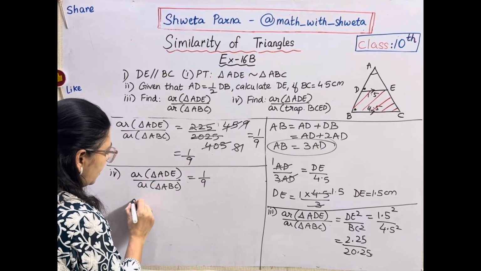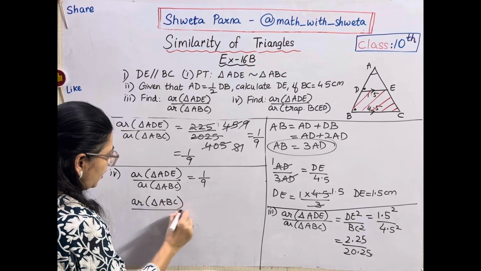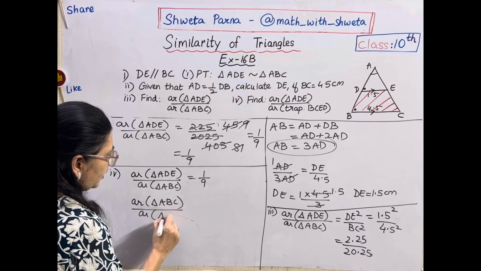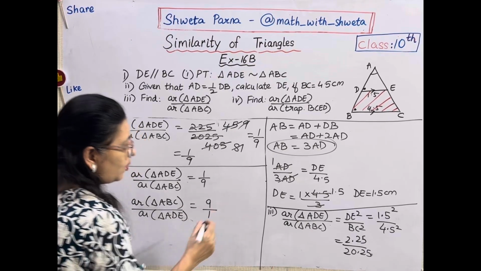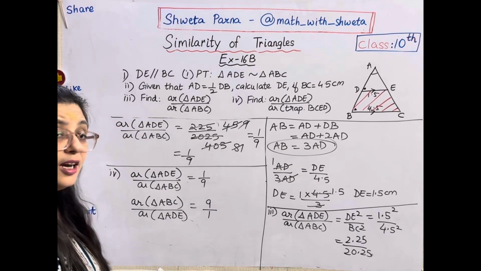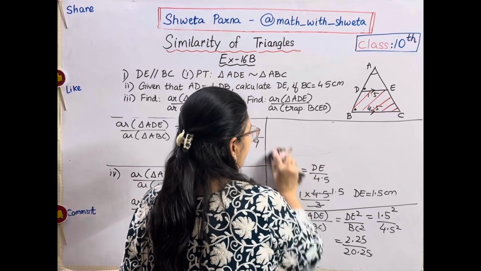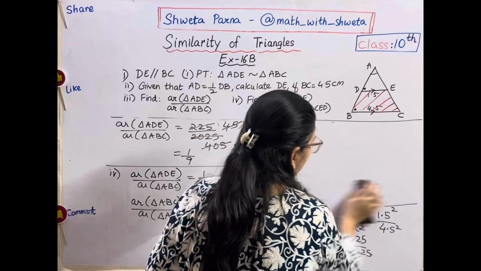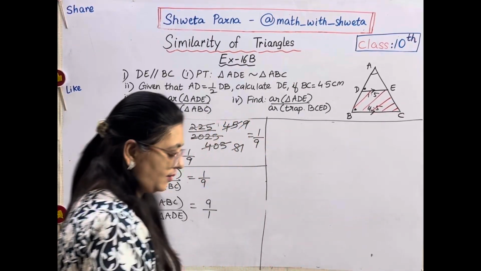So this will become area of triangle ABC upon area of triangle ADE is equal to 9 upon 1. I took the reciprocal. Now, what trick did I teach you? Whenever you want to find area of trapezium or quadrilateral in this triangle, you will always subtract 1 from both the sides.